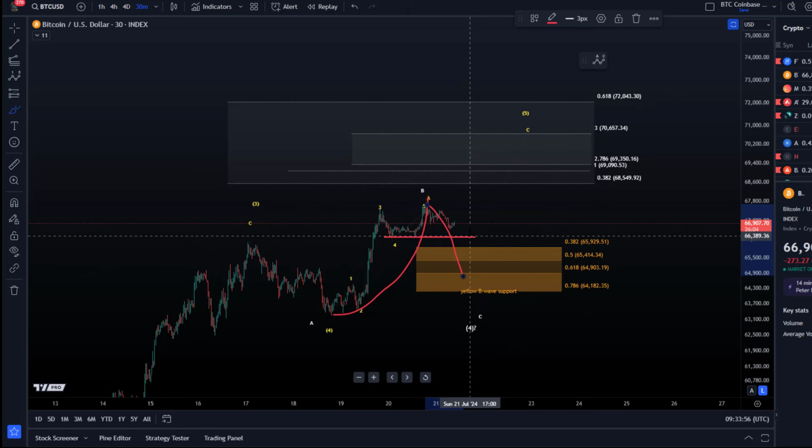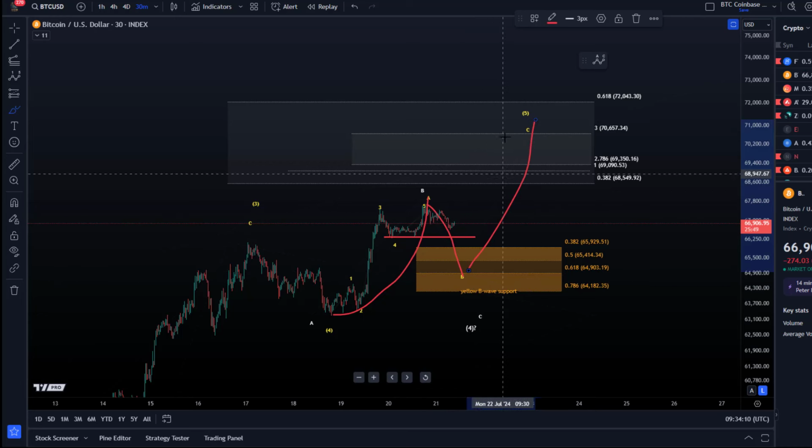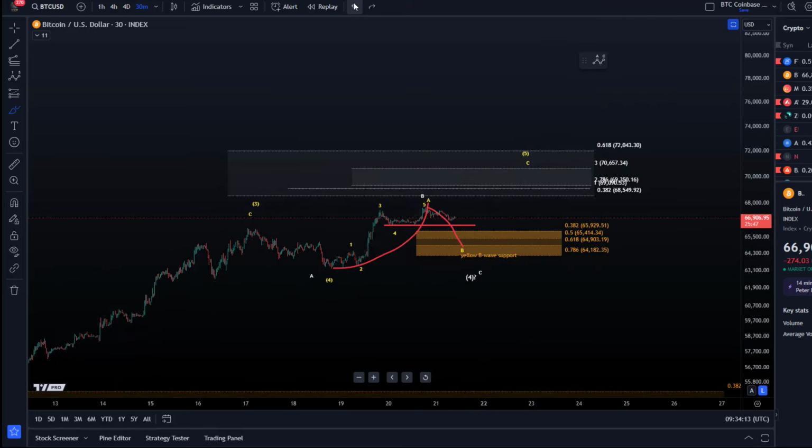Without a break of 66,350, there is no sign that a pullback has started. So before we even entertain the idea of a pullback, we should see a break of that level. Then a pullback, then we can watch this support region, maybe one more extension higher. If we see this support area break, then we can think about a larger top being in place, okay?